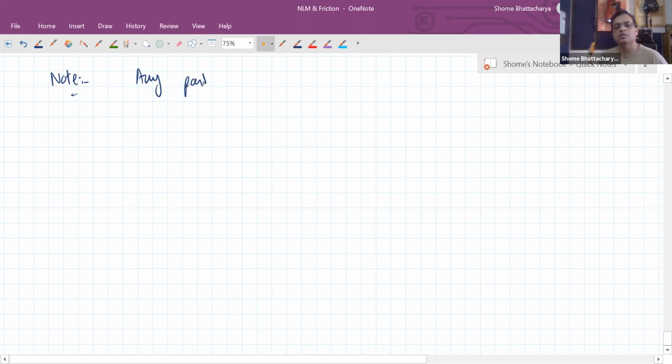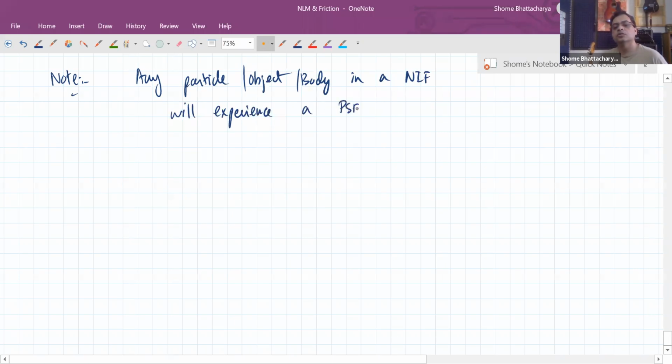Any particle or object or body in a non-inertial frame will experience a pseudo force, such that, as you know, it is given by a simple relation: it is minus of the mass of the body into the acceleration of the frame.